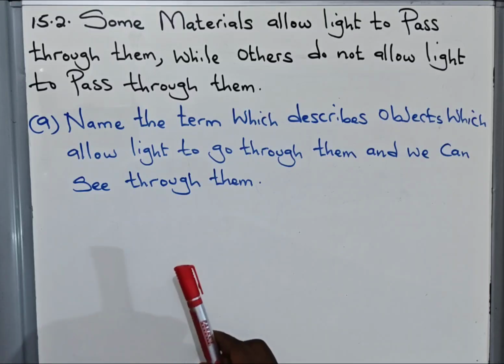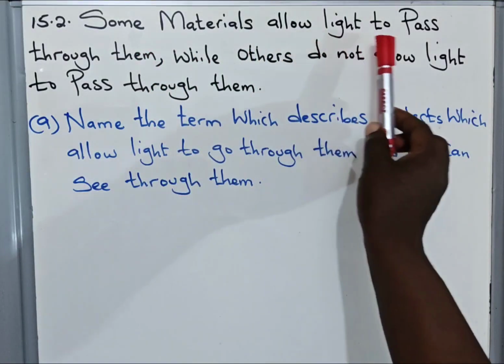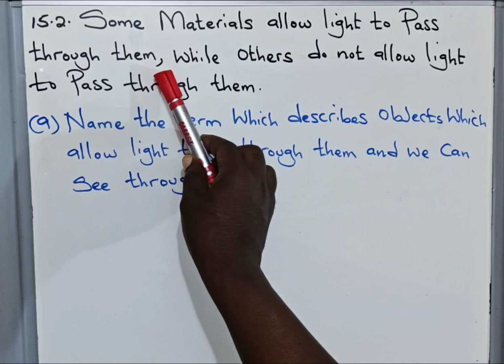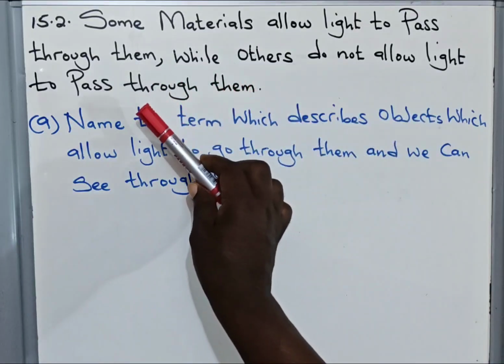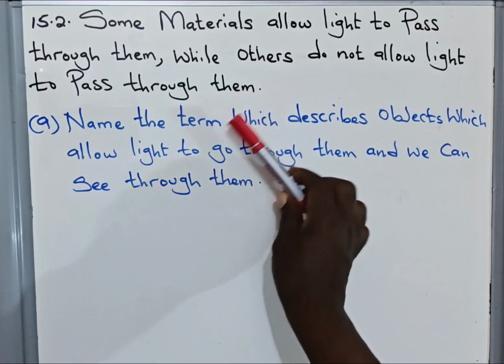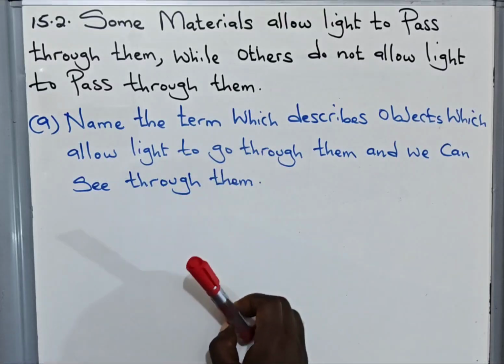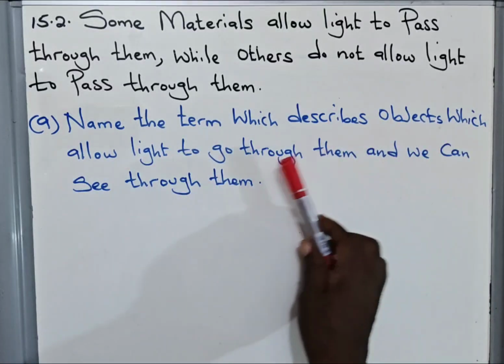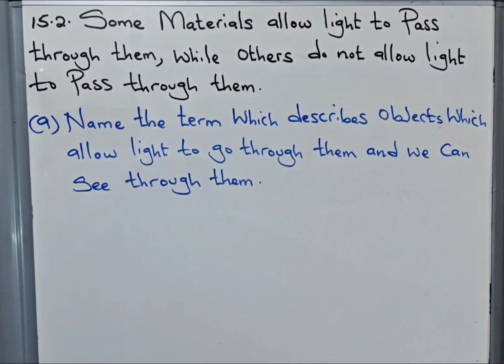The question says, some materials allow light to pass through them, while others do not allow light to pass through them. Then the question says, name the term which describes objects which allow light to go through them and we can see through them.